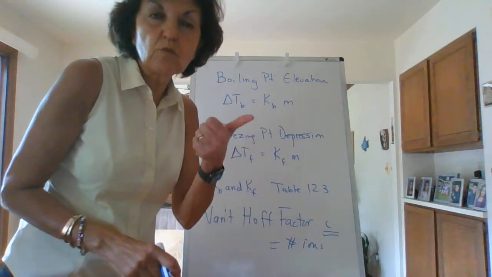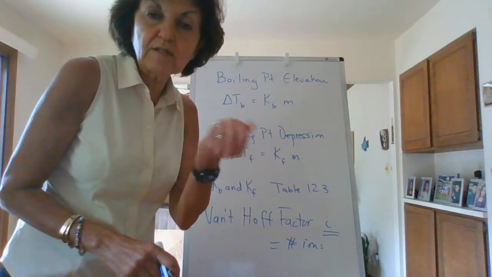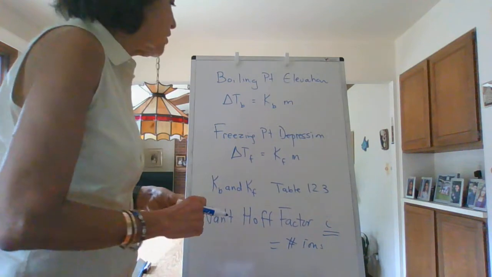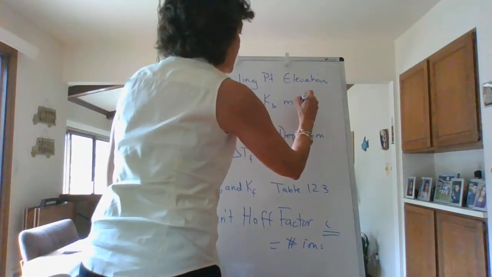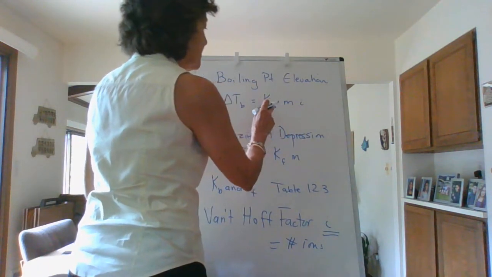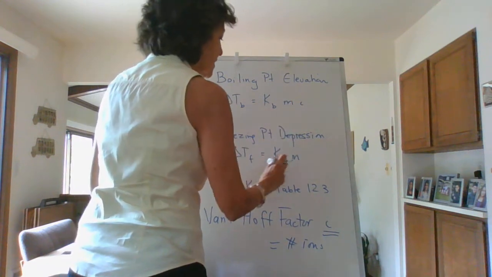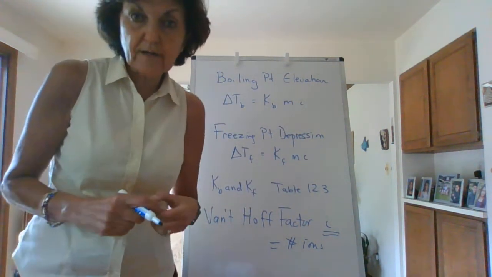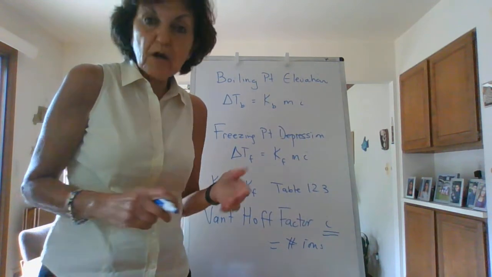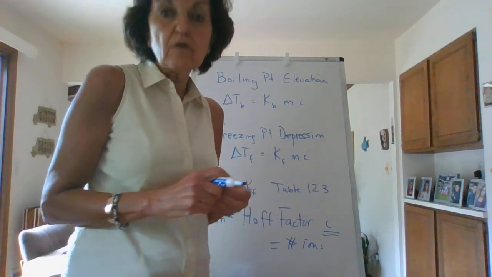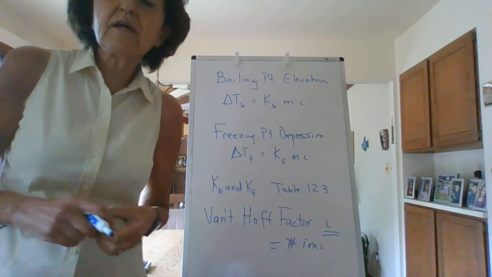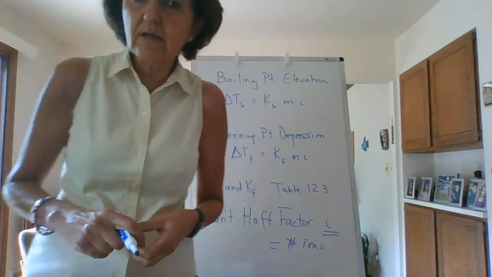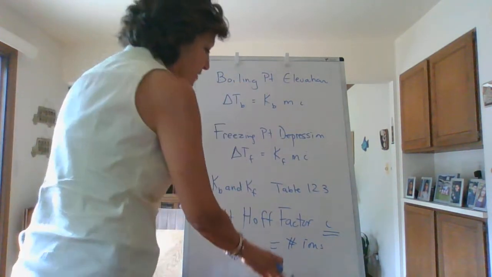Because aluminum is 1 ion and then you have 3 chlorides, so you add it up, that's 4. So you add this i in here. You multiply, so it would be KB m i, KF m i. This is if you have an electrolyte, all right? So the first few problems we're going to do are going to be with non-electrolytes, and then I'll show you what we do with electrolytes. All right, but you get the idea here.